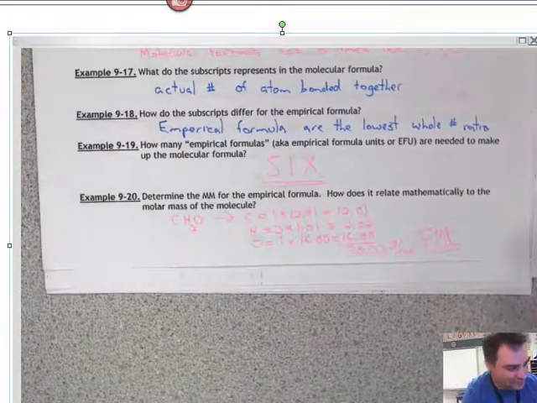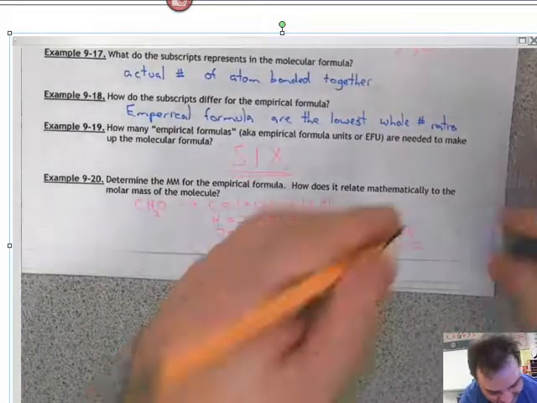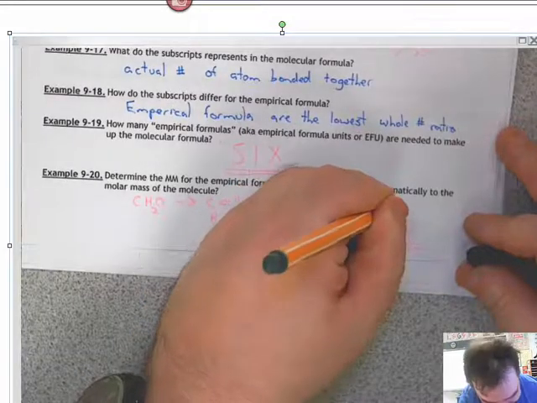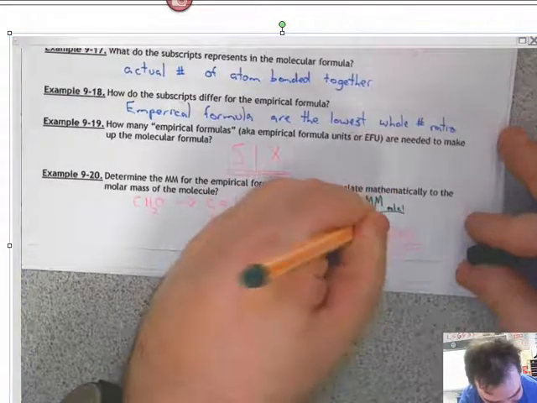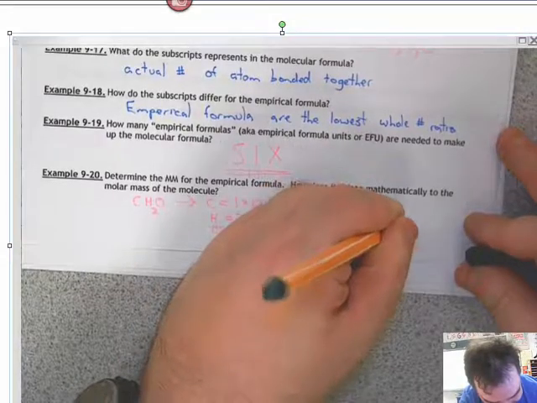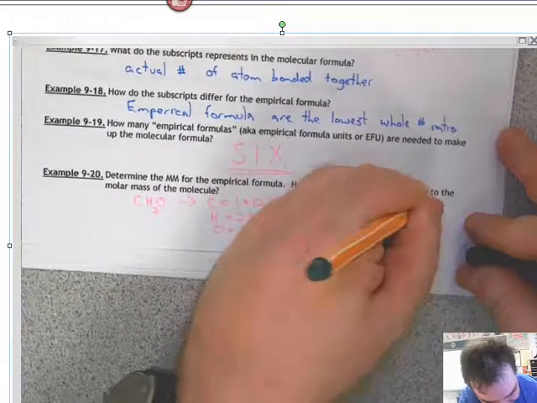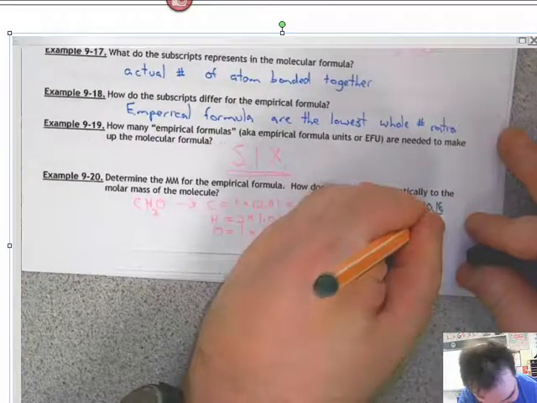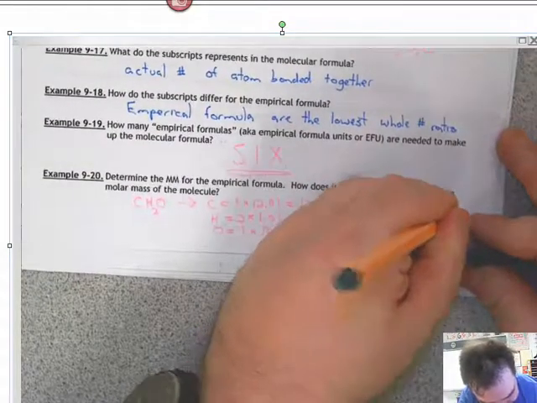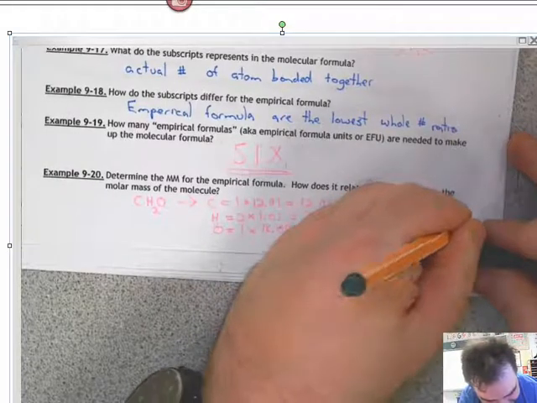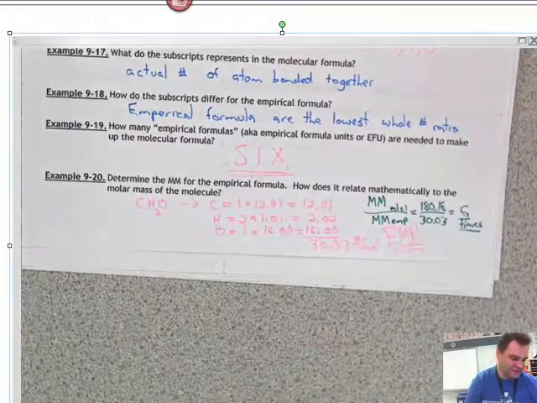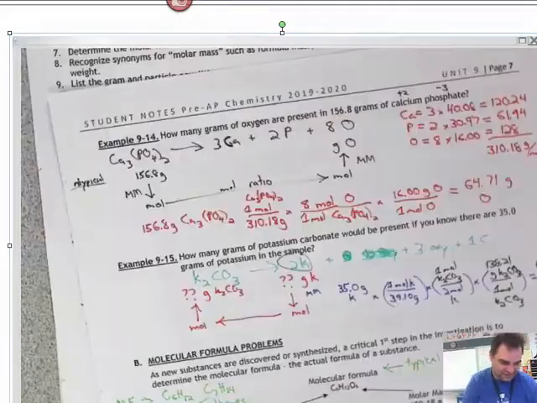If we take the molar mass of the molecule over the molar mass of the empirical, you do 180.18 divided by 30.03, and that's how you end up with the factor of 6. Okay, moving on. Next page, page 8.